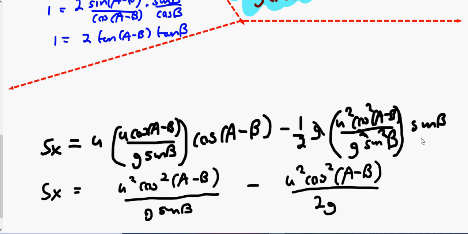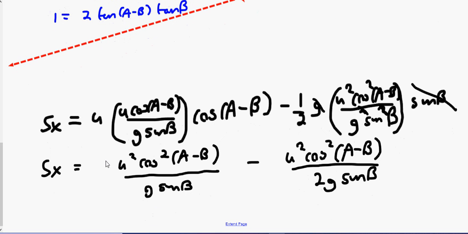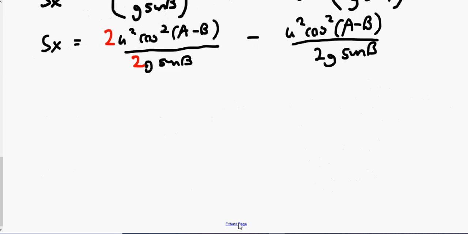Now the sin beta and one of these cancel, don't they? Just leaving g sin beta on the bottom. Very quick fix here. They're very similar. So what can I do here? Just that, isn't it? And then what do I have at the end? Sx equals u squared.